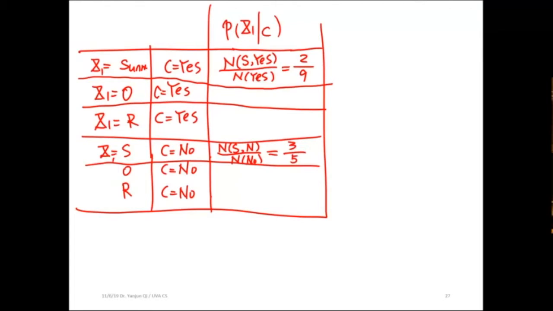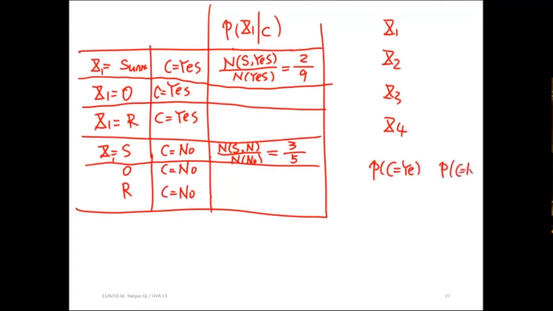Okay, and you just perform the same operation on x1, x2, x3, x4. And then you also need to have P(C = yes) without anything, that's called the prior probability.